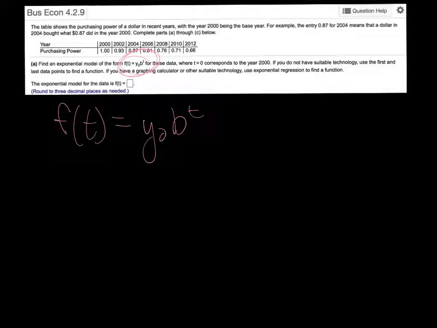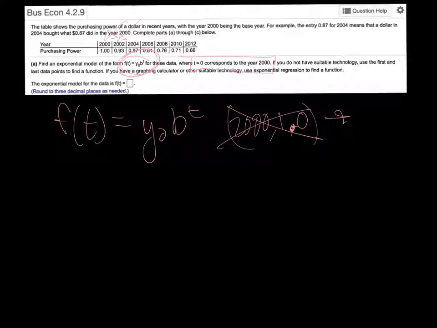And so this guy right here is your generic equation or function. And they inform you with these 7 data points that you have 0.1 comma 2000 comma 1.0. But in fact, with this information here, t equals 0 corresponds to the year 2000.